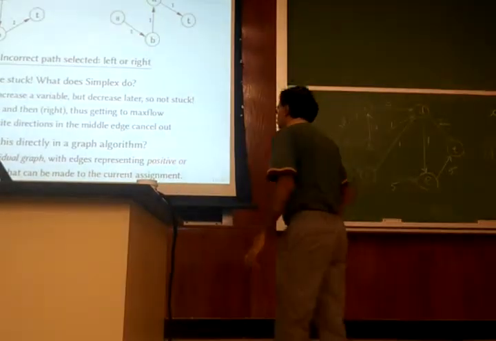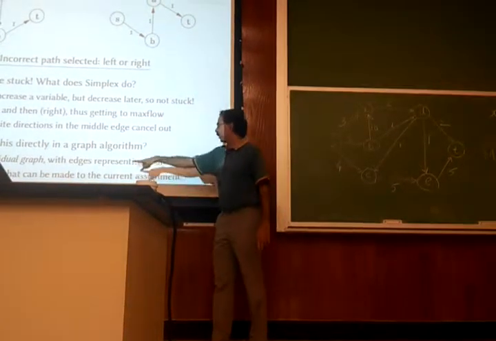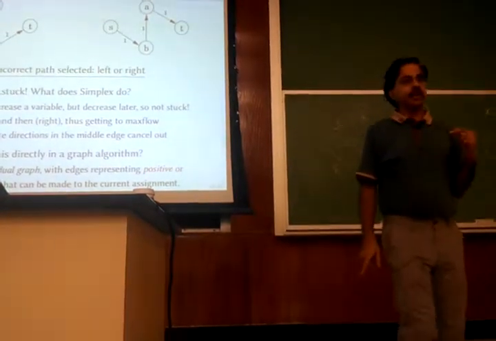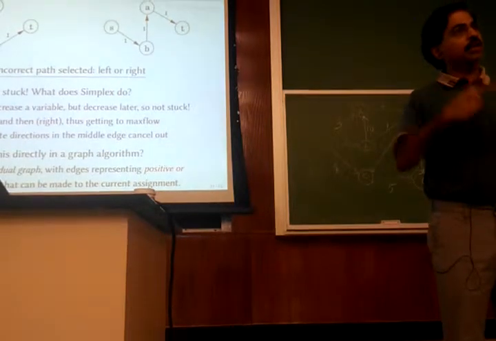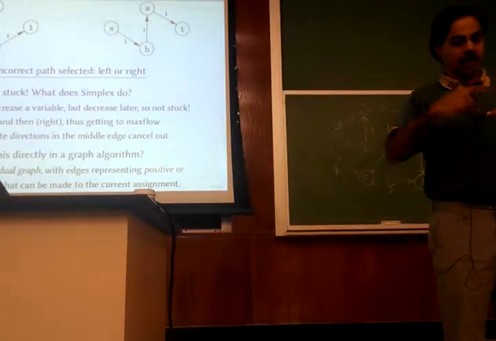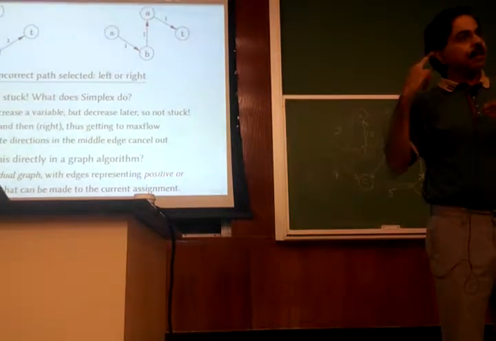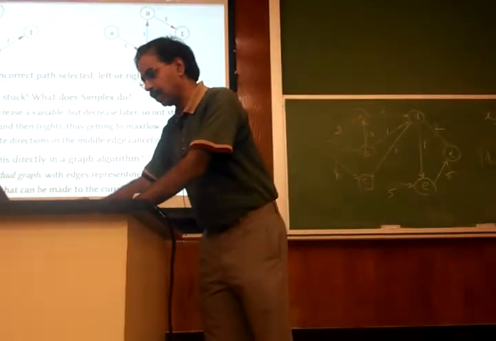So the edges in the residual graph represent the positive or negative changes that you can make to the flow that's currently taking place, or that has currently been assigned to that edge. Okay, so for each edge, some flow has been currently assigned so far. How can you change it? And you represent that using a pair of edges in the residual graph. And this is what we are going to do repeatedly.